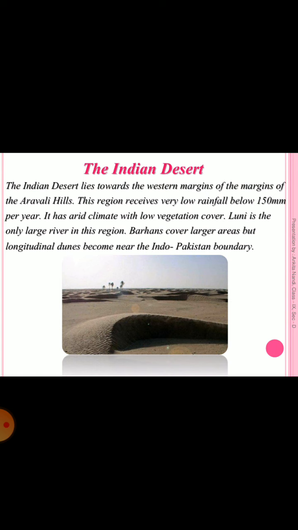Plants like cactus are found here because of the sandy soil and the low rainfall. Luni is the only large river found in this region, whereas Barchans are crescent shaped sand dunes, mostly found over larger areas, but as we move towards the Indo-Pakistan boundaries, longitudinal dunes become more prominent.